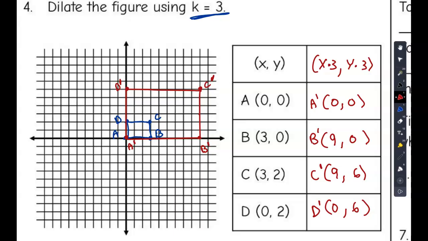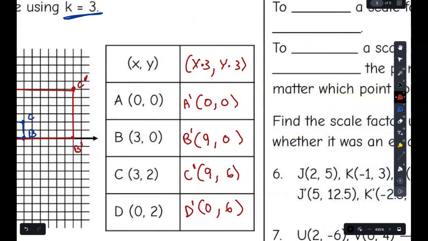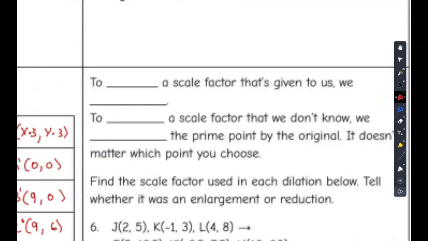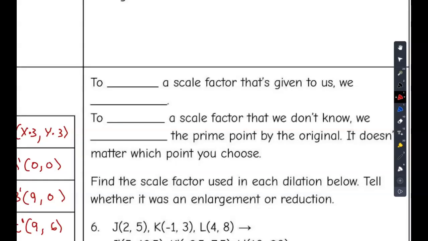And now I'm going to go over a few more notes here. All right, so to use a scale factor that's given to us, we multiply.